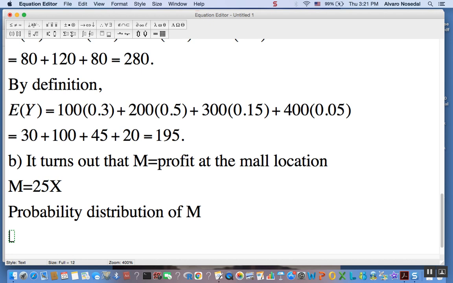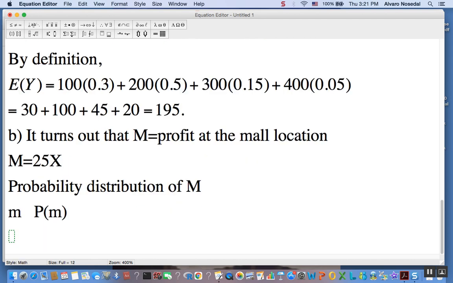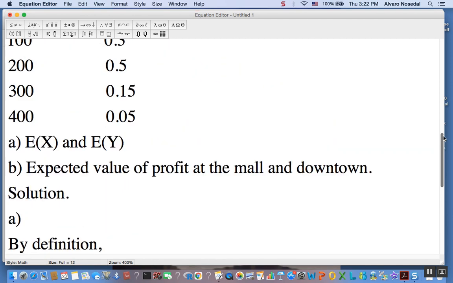Okay, so let me use lowercase m to refer to a possible value for the random variable, uppercase M that represents the profit at the mall location. Let me use this to refer to the probability of seeing that value. Since this variable is 25 times x, we have to go back and see the probability distribution of x.